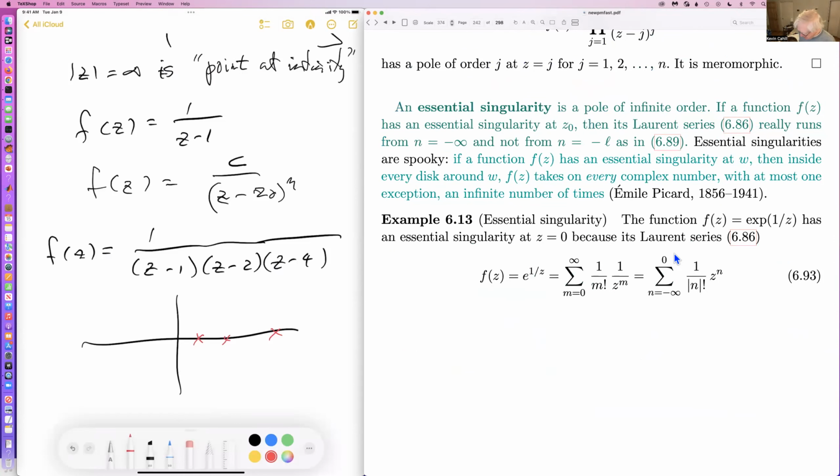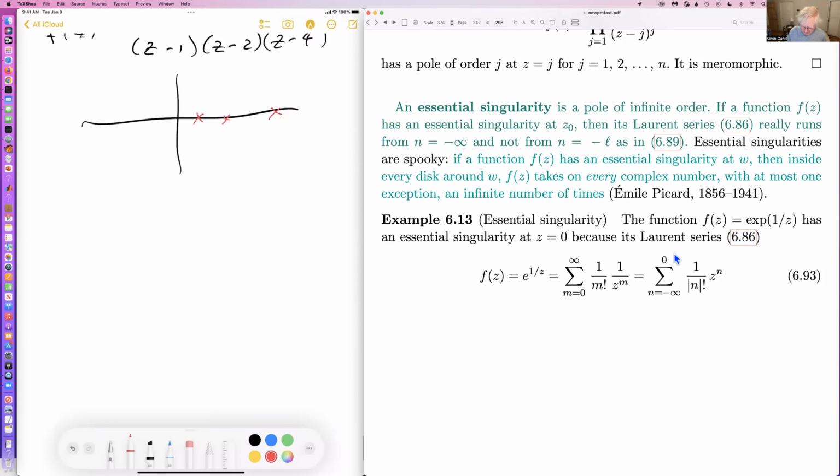An essential singularity is something that's quite amusing and amazing. It's a pole of infinite order. And you might say, how could this be? Well, just write e to the minus 1 over z, or e to the plus 1 over z, or e to the 3 over z, or e to the 2 over z squared.